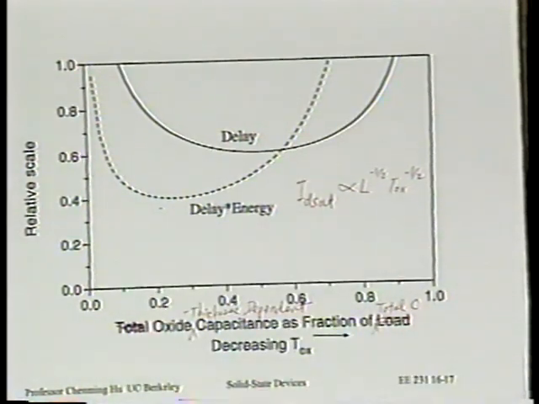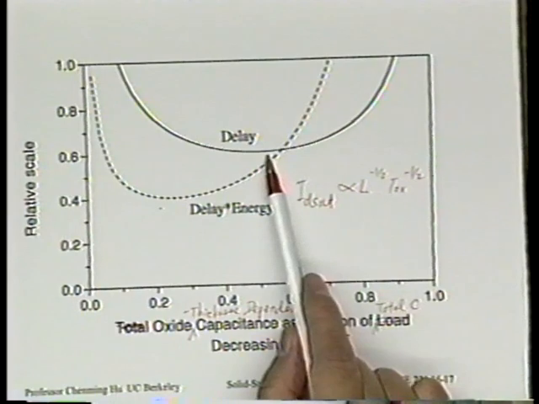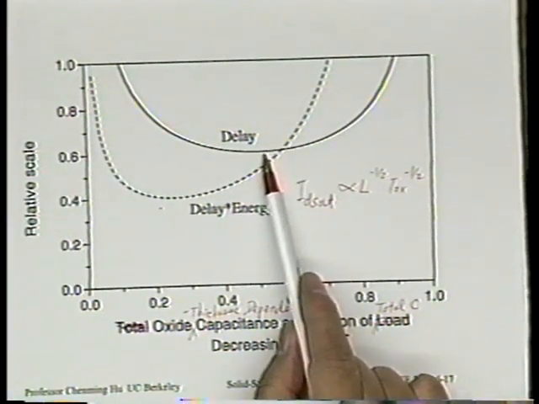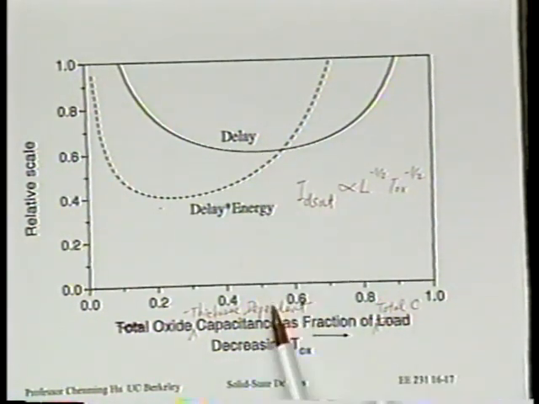This curve will be meaningless if you don't have any capacitance that's independent of oxide thickness. So let's put it this way: suppose this is a circuit that's heavily loaded by interconnect capacitance. You're trying to put the oxide-dependent capacitance equal to the interconnect capacitance. That's what this point means.